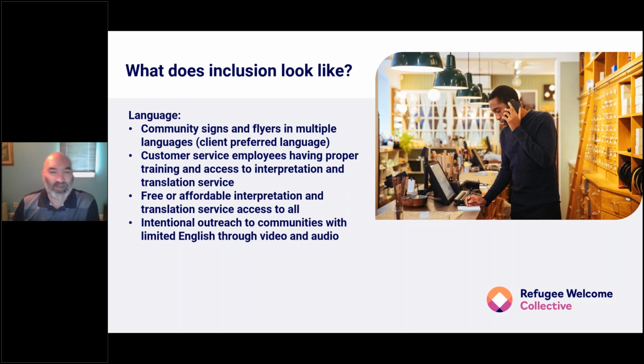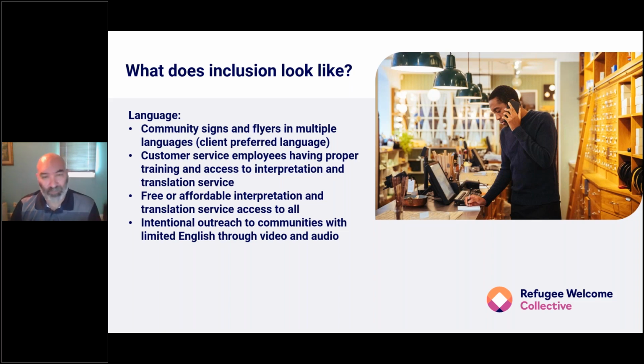So also, you might be there one time and you can help bridge the gap. But what you really want to do is help create a more welcoming environment. Whether it's encouraging the owner or manager of the business to make sure that their employees are aware that some clients may come in with limited English, and that they know how to deal with that.